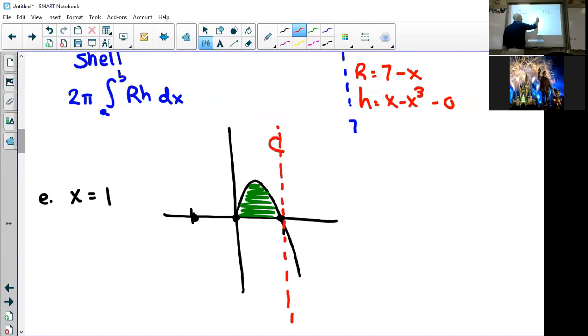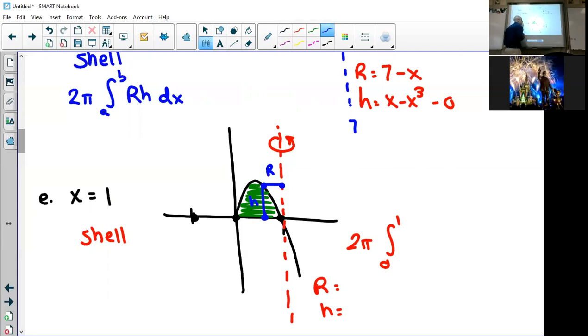So we're spinning it around another vertical line. So again, I'm going to use shell. I'm just going to keep it going just like last time. We've got 2 pi, a to b, still 0 to 1. We've got to find our r and our h. So let's start on the axis, over until I hit the first function there, and down. Here's our r, here's our h.